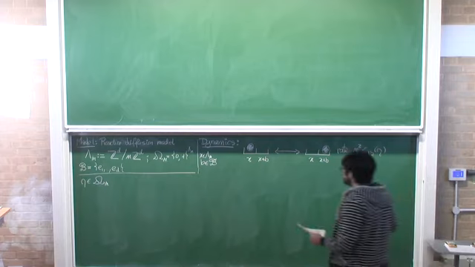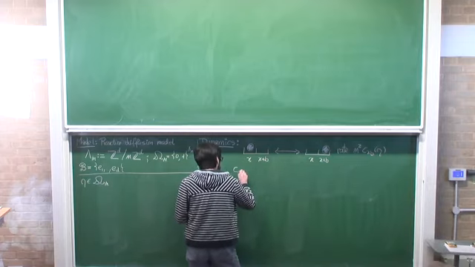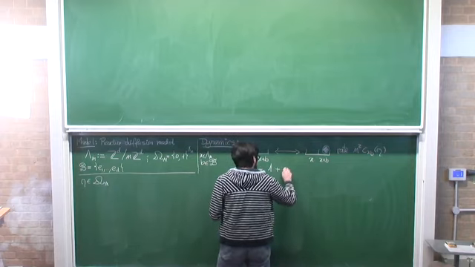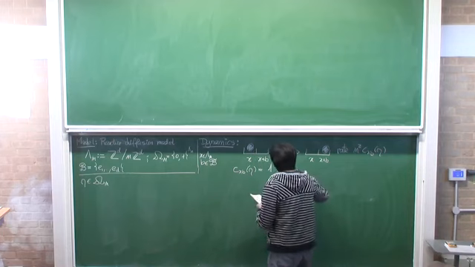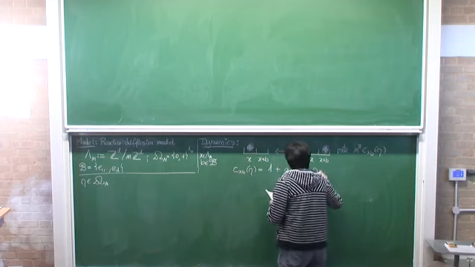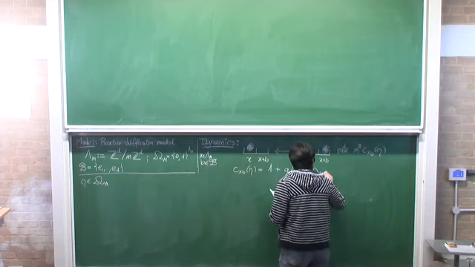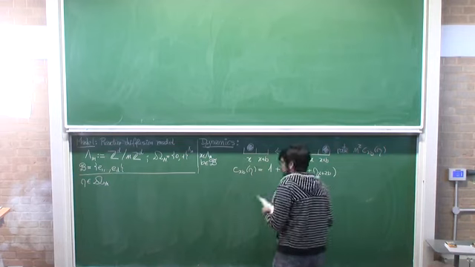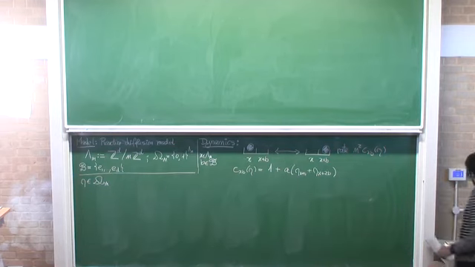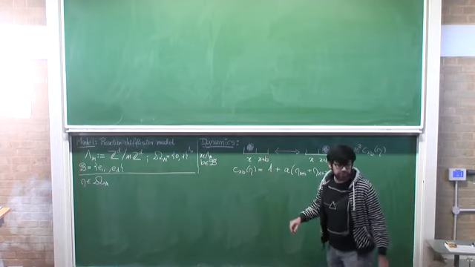Just to give you one example, one possible choice of rates is this one here. The choice c equals 1 is what is called in the literature the simple symmetric exclusion process.